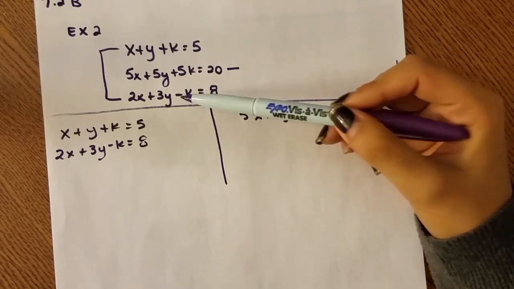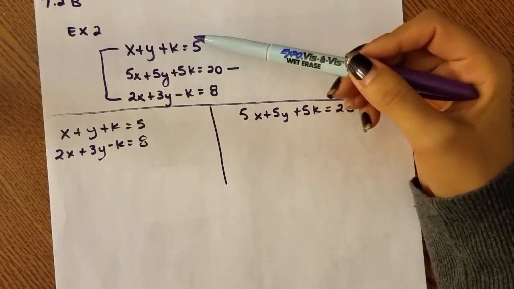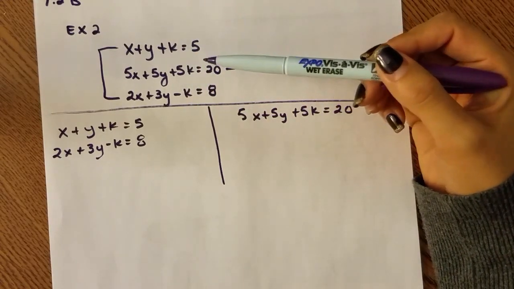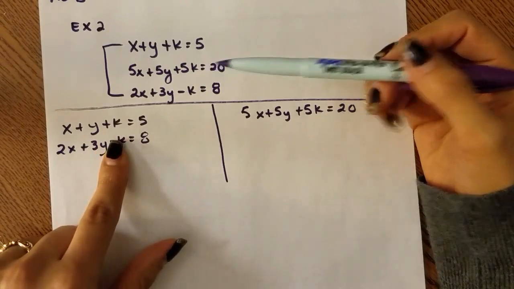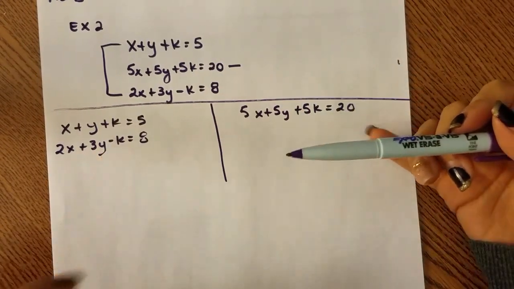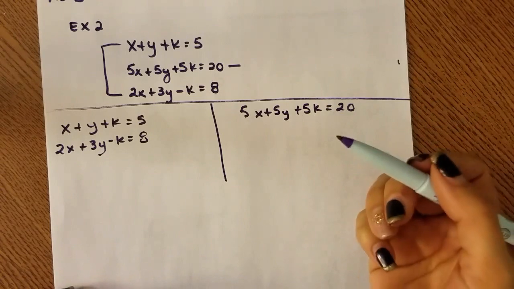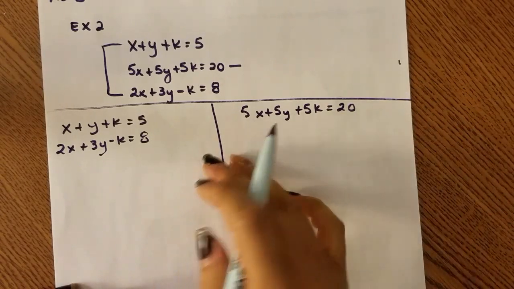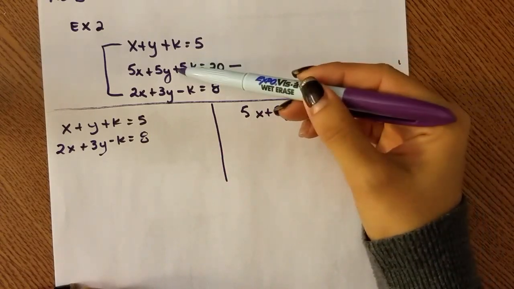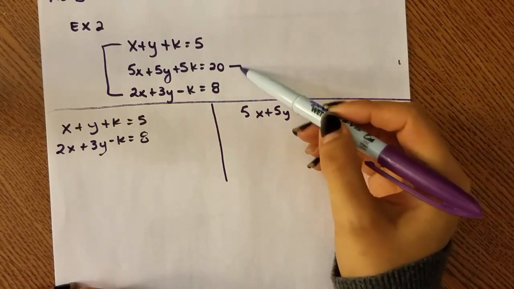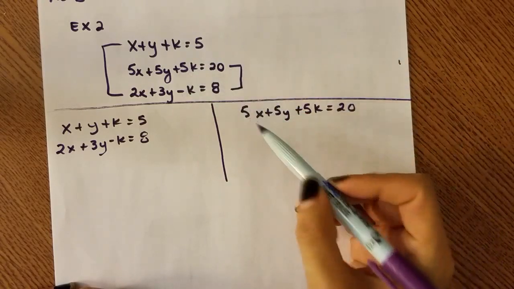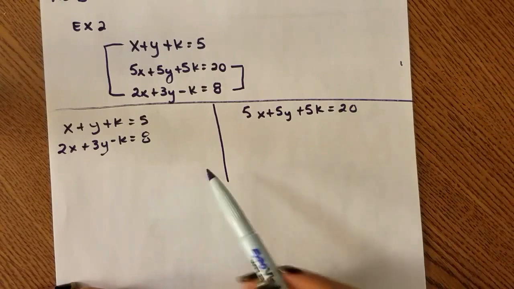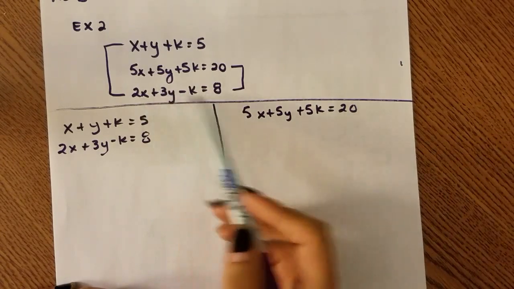And I'm going to have to set it up with one of these other two to eliminate k. Since I'm eliminating k here, I have to eliminate k here. You have to eliminate the same variable in each of the systems. So since I'm taking this one, this is positive k, I'm going to go ahead and take the one on the bottom because they already have opposite signs. So we'll deal with that later since I'm going to have to change this one.